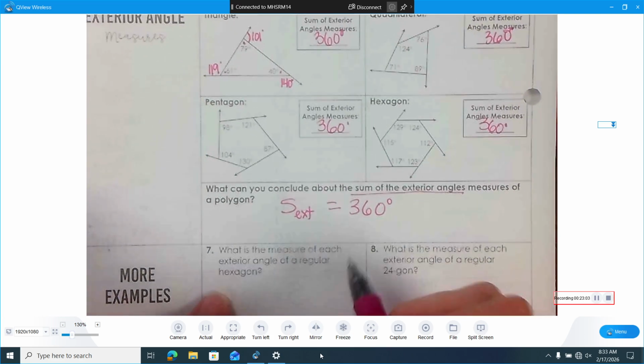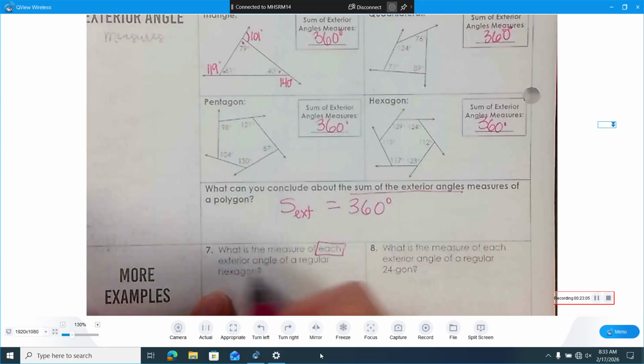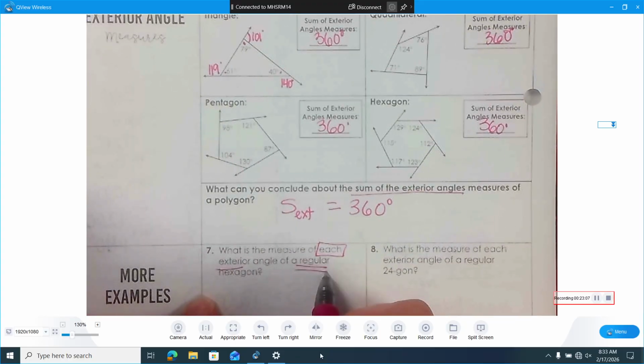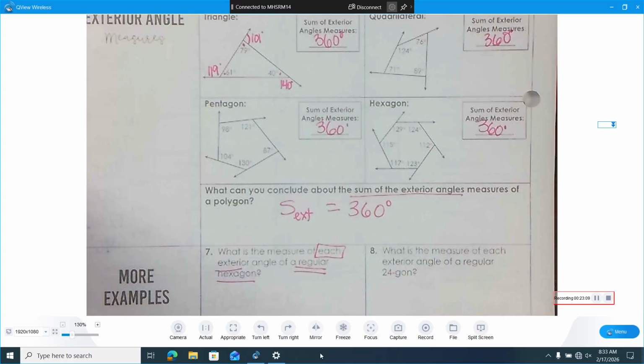So what is the measure of each exterior angle of a regular hexagon? This is a different question. What is the measure of each exterior angle? The individual exterior angle. Not the sum, but the individual. How do we figure out what the exterior angle of a hexagon is?